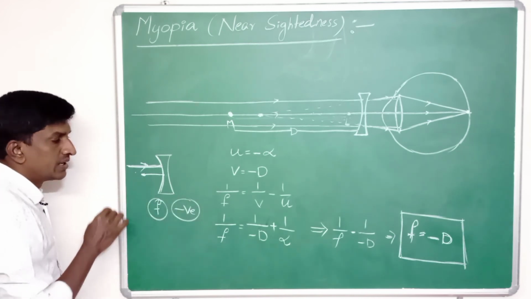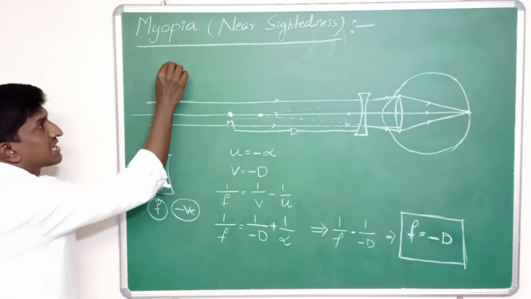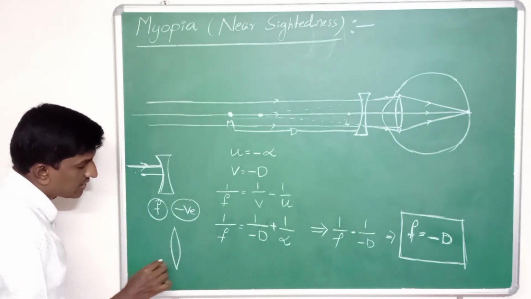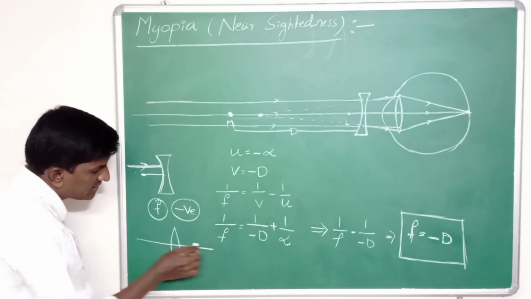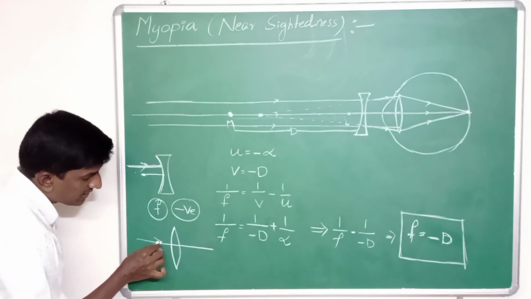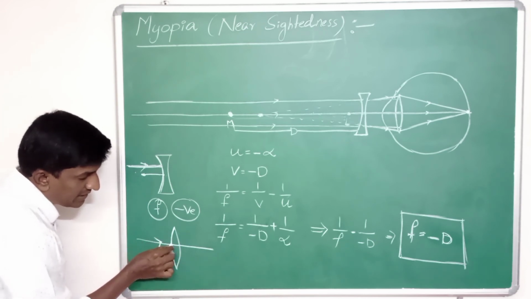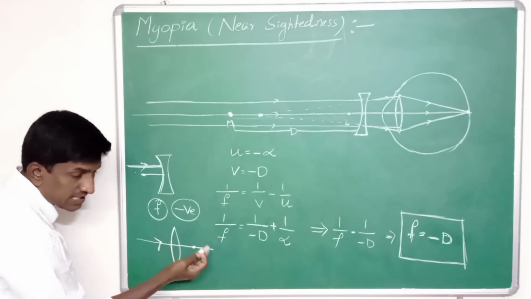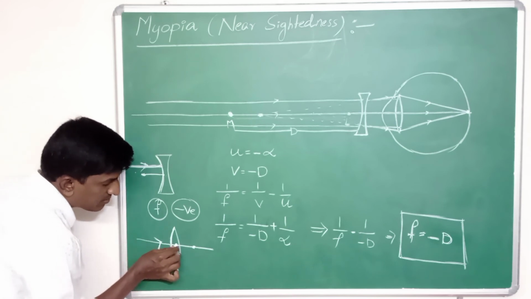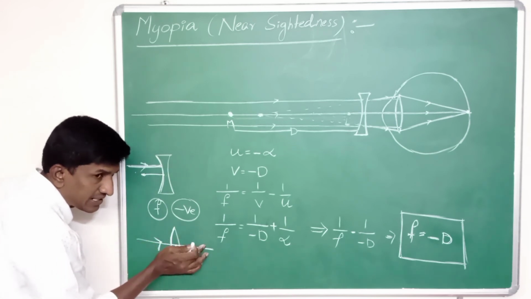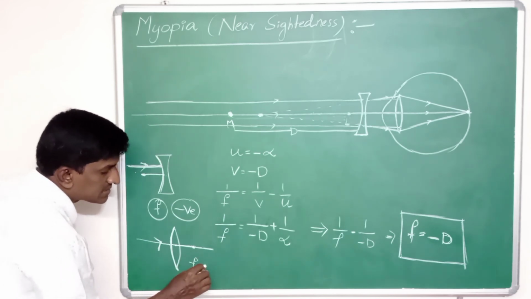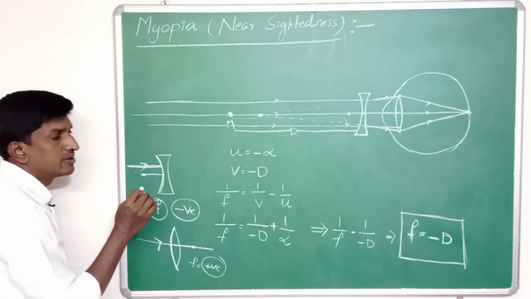Similarly, a convex lens has its focal length positive, because if the light ray is incident on this surface, it has its focal length on the opposite side, so the focal length is measured in the direction of the light. So the focal length of the convex lens is always a positive value.